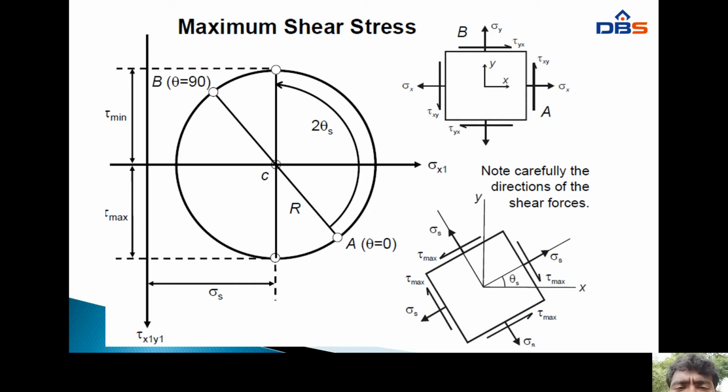Okay, 2 theta s is the inclination angle. In this figure, tau minimum and tau maximum are mentioned. Above the point is called the tau minimum value, and below the point is called the tau maximum value. Okay, the shear stresses tau maximum and tau minimum values are available in your figure.